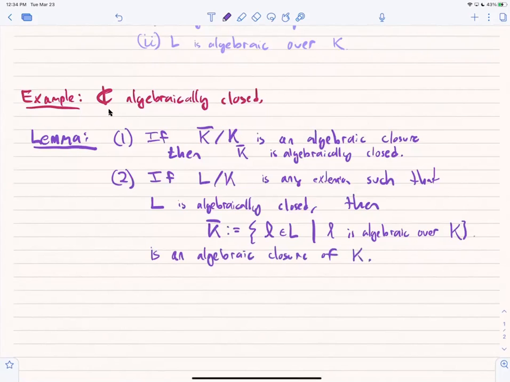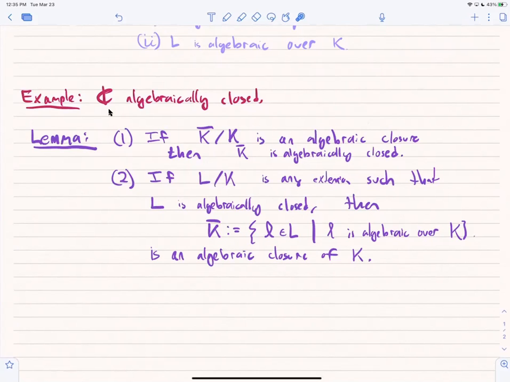Again, we proved this at the end last time. Let me just remark on how that went. This is the second part. The point was, clearly this thing is going to be algebraic over K, by definition, since you're only taking elements which are algebraic over K. It's an algebraic closure over K because if you take any polynomial with coefficients in K, then it has a root in L. That root in L is by definition algebraic over K, so it lives in this subset K bar.